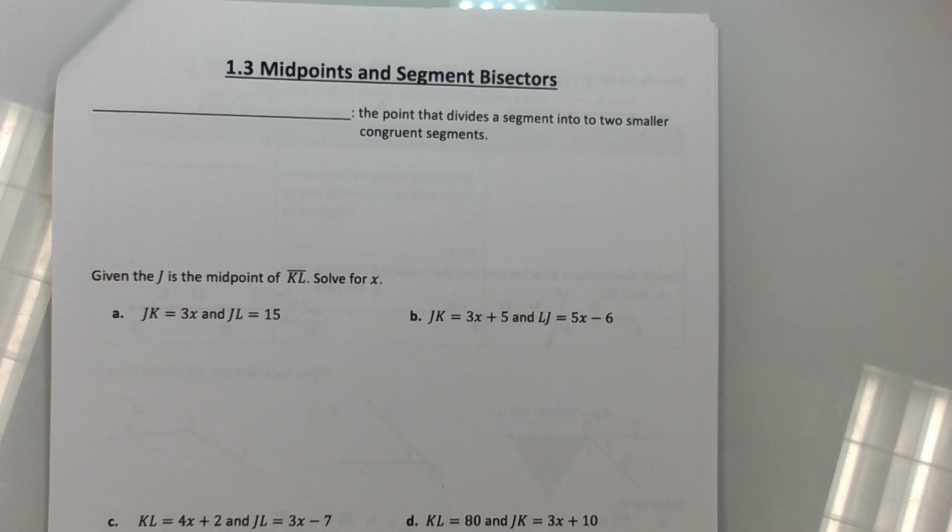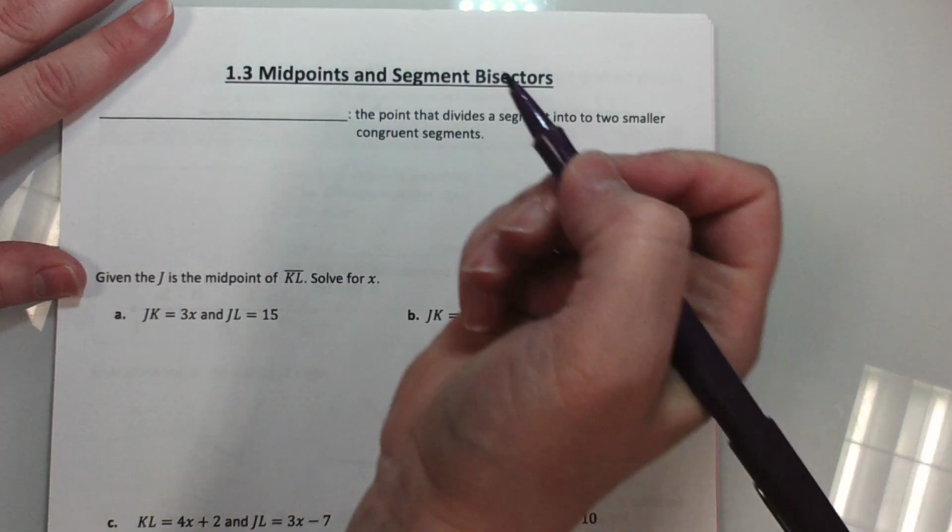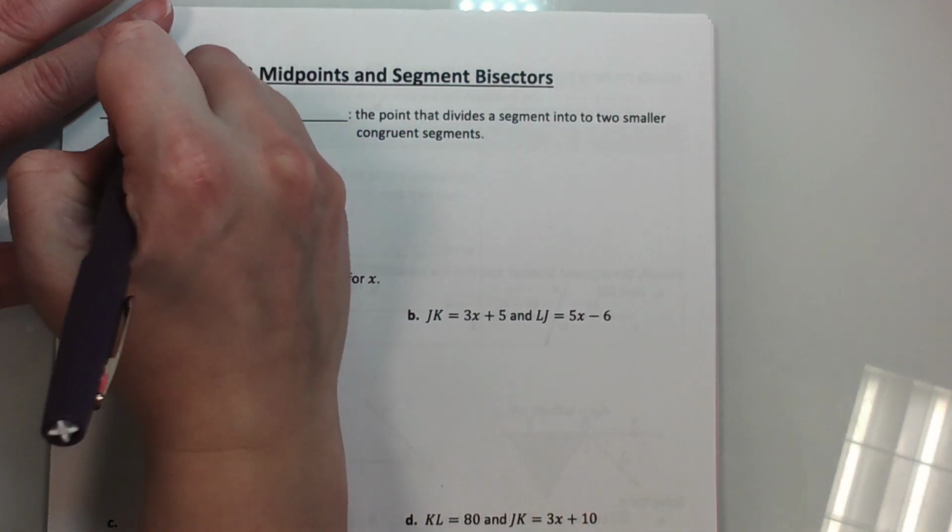So far, when it comes to this chapter, we've been working with naming points, lines, planes, segments, rays, all that wonderfulness. And then we kind of shifted over to finding measurements regarding segments. Today we're still dealing with measurements regarding segments, but we're doing them when you have a midpoint involved.